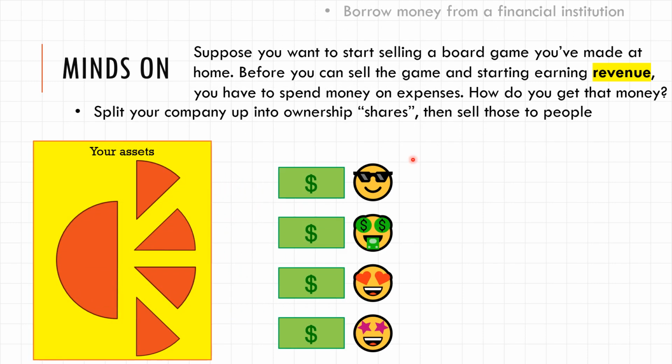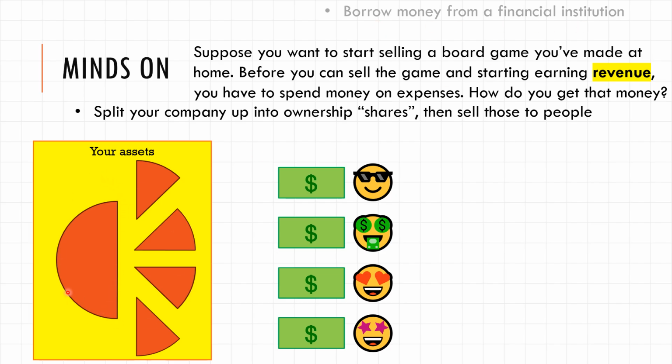So we'll examine this idea here of you splitting up your company into different shares and selling them to people who think that your company is actually worth quite a bit of money. Maybe they've looked at your game and they say, when this guy starts selling, his company will really take off. While we get into this, we're just going to set aside the idea that you can borrow money from a financial institution, to look at in more detail later. For now, you've split up your company.